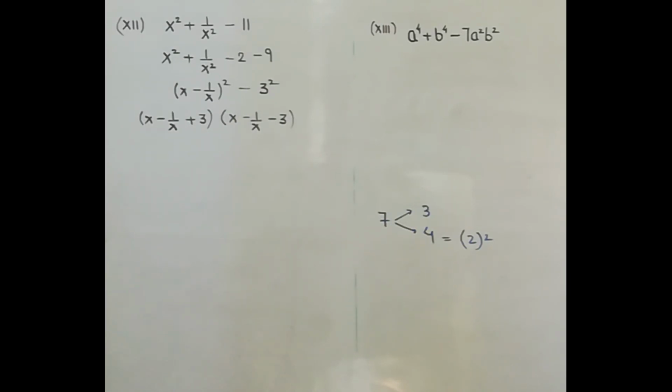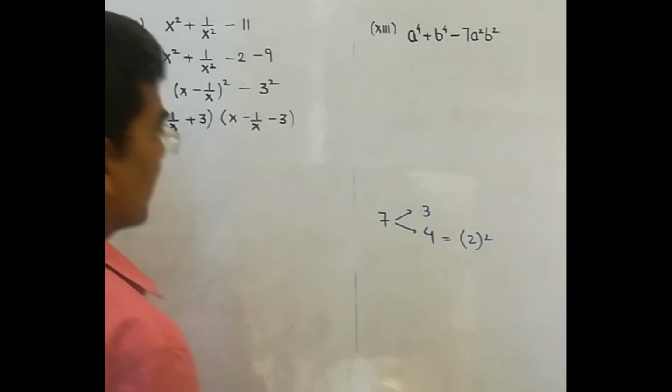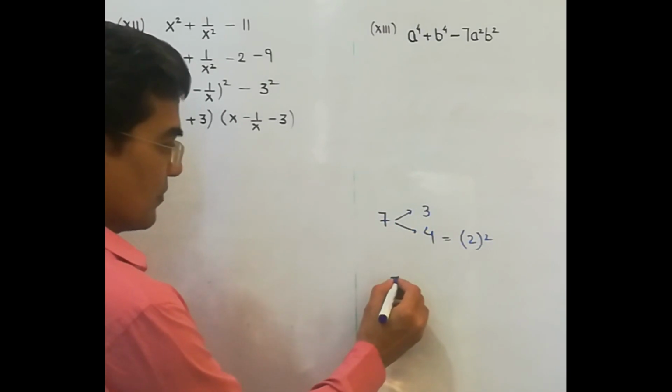So in some of the questions where you cannot break the last term into two such parts, you are going to add and subtract a certain term which will make one part a perfect square and the other part also a perfect square. See here, I got 7.